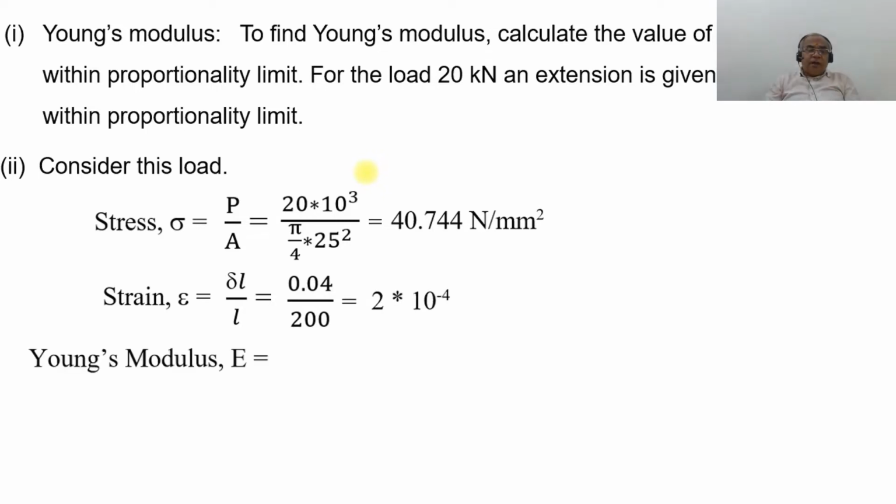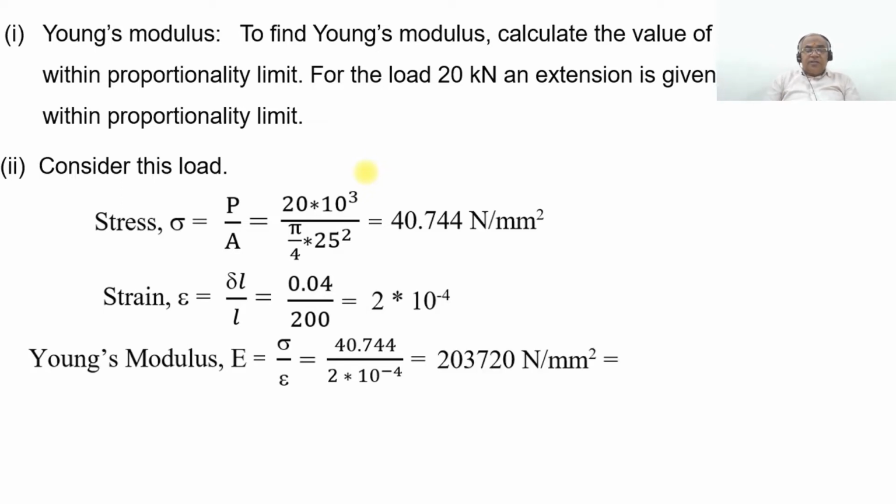Now what we need to find out is the Young's modulus. By Hooke's law, the stress is proportional to strain within the elastic limit or the proportionality limit. Young's modulus is nothing but stress by strain, which is sigma by epsilon. Substituting, that is 40.744, the stress value, divided by the strain, which is 2 into 10 to the power of minus 4.